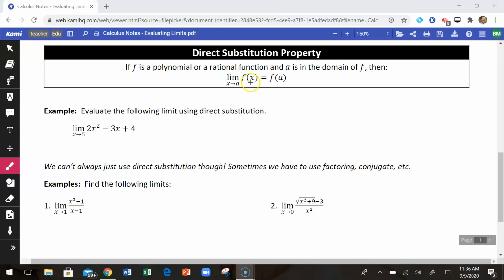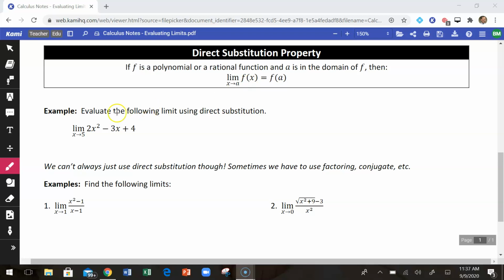So what that means is that if I have the limit as x approaches a of some function, I'm simply just going to try to plug in a for all the x's in my function. And that will be the answer to your limit as long as that is a number that exists. Okay, so as long as it returns a number that is not an undefined value, that is going to be the answer to the limit.